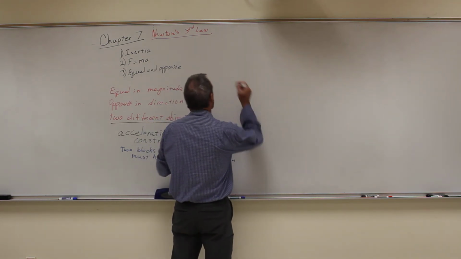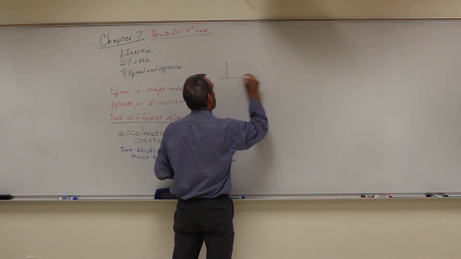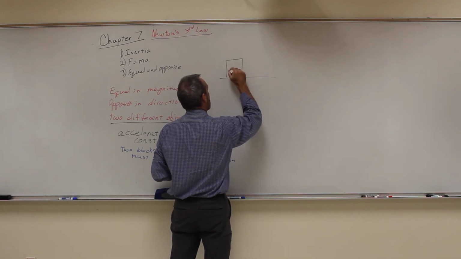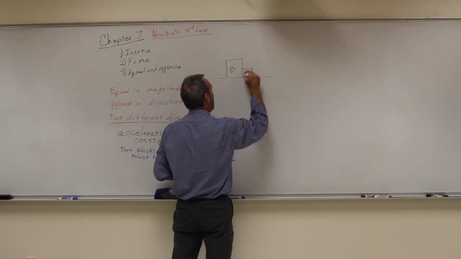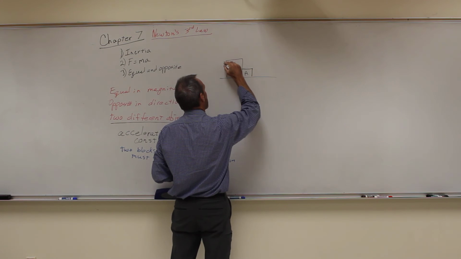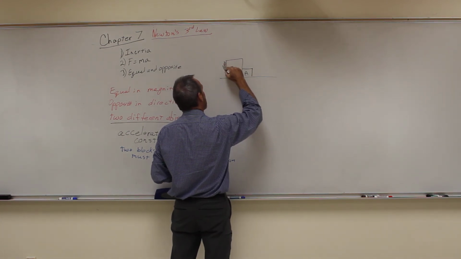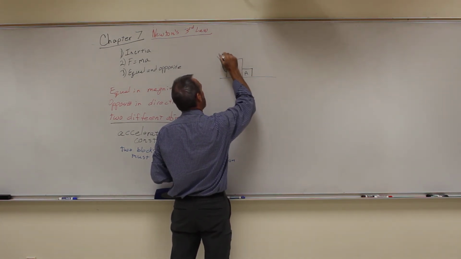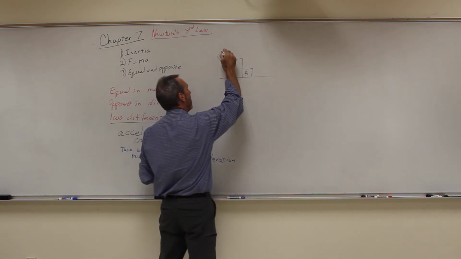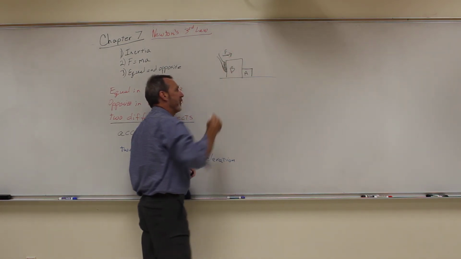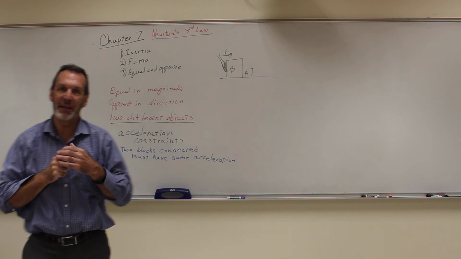Let's say I have a block here, block B, and it's pushing block A, and this is my hand. I'm pushing block B, or I'm applying a force in this direction so that both block B and A are accelerating.